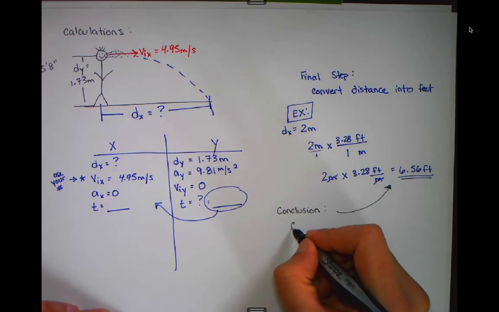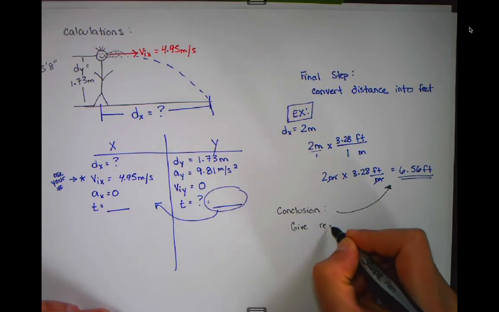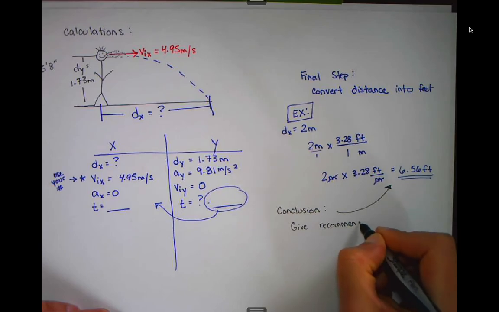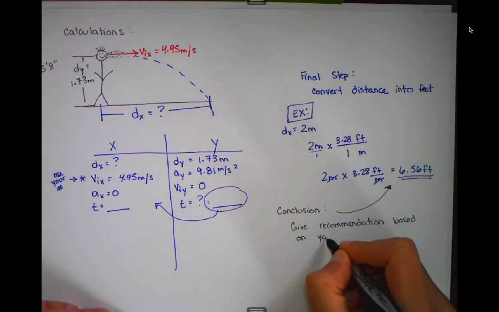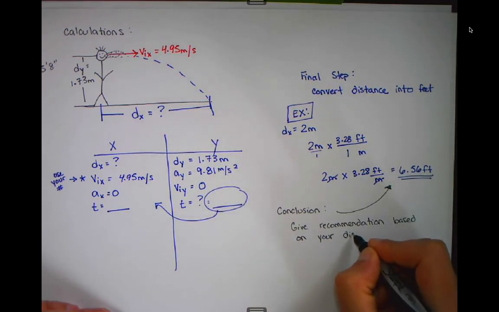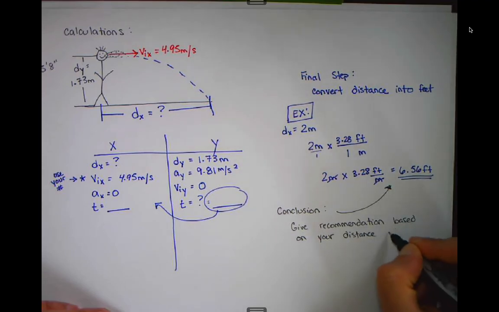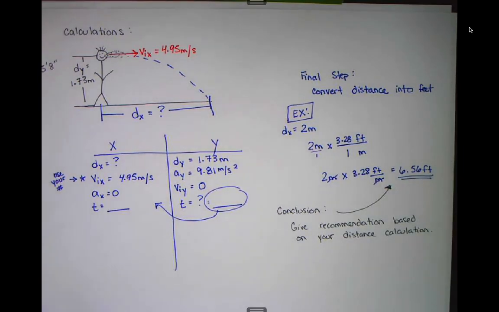So give your recommendation based on your distance calculation. Right, so again, your recommendation will be different than whatever mine would be. It'll be different than whatever your friend would be because you're going to have different data, right? But they should be pretty similar. Right? So give that a shot.